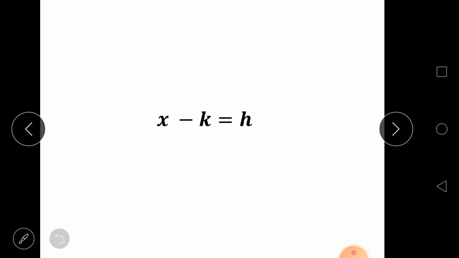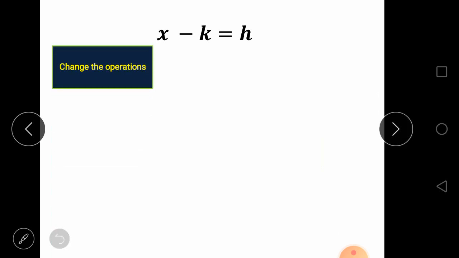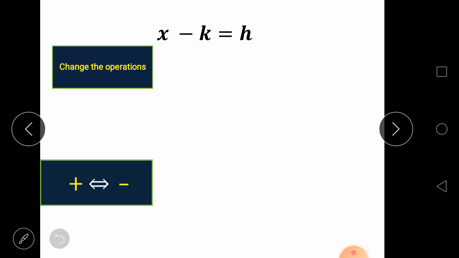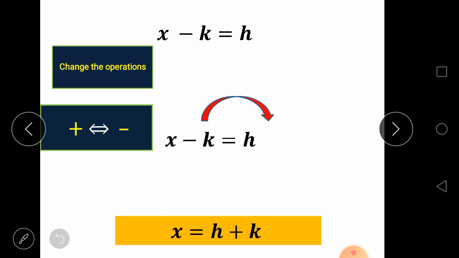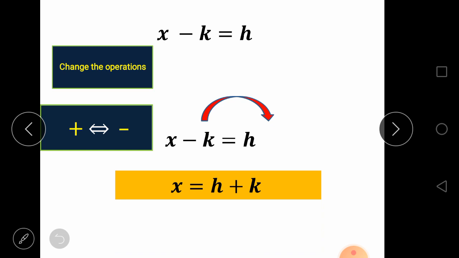Let's have another example, which is x minus k equals h. So we change the operation, which is minus should be changed into plus and k should be transferred to the other side. Here it will be x equals h plus k.